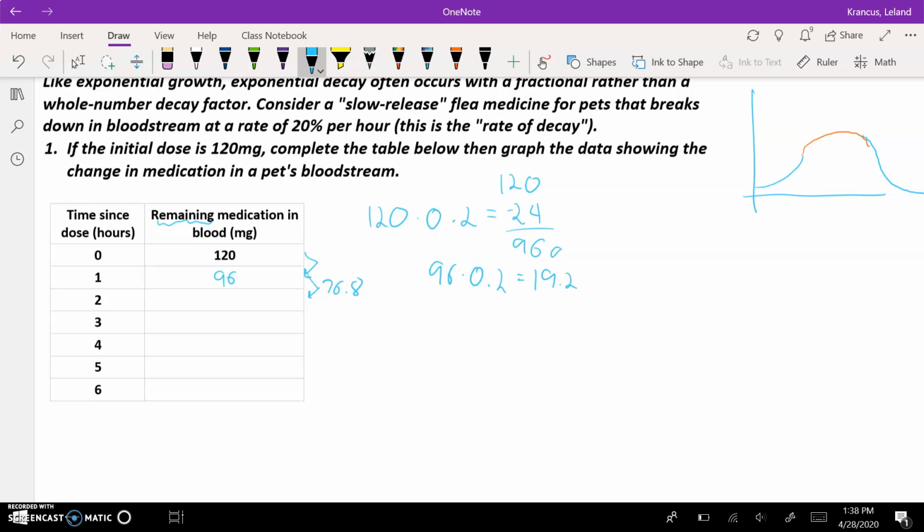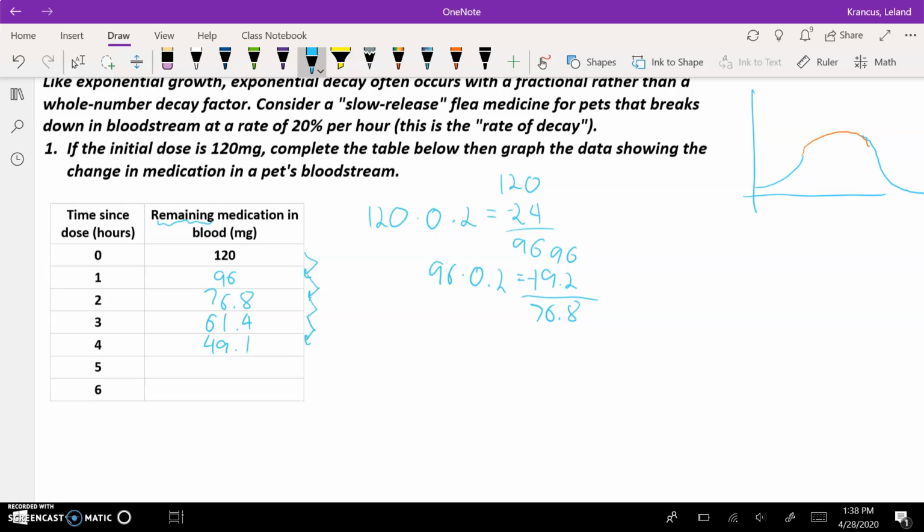And then you are taking 96 and subtracting 19.2, and you get 76.8. And if you keep doing that, your pattern looks something like this, and so on as you go down.